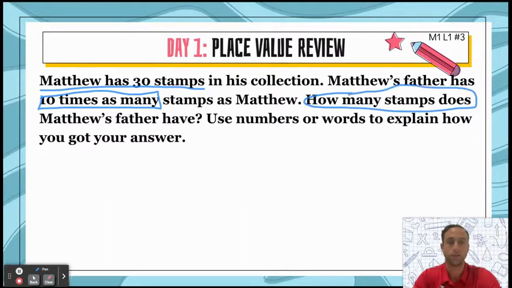How many stamps does Matthew's father have? So I've underlined my key numbers. I've boxed my key words that Matthew's father has 10 times as many, and I've circled the question.